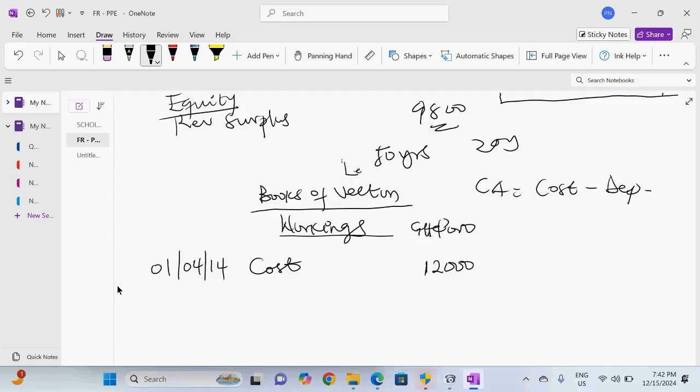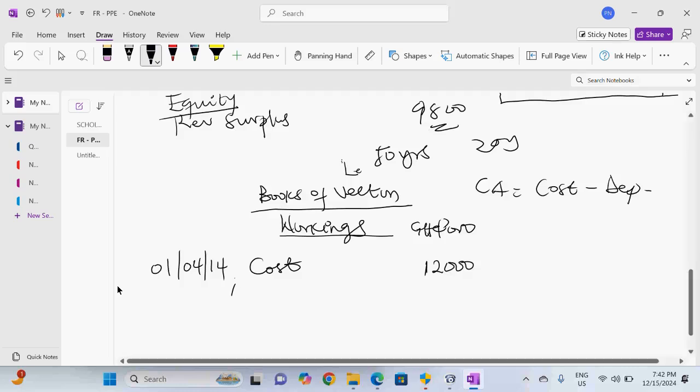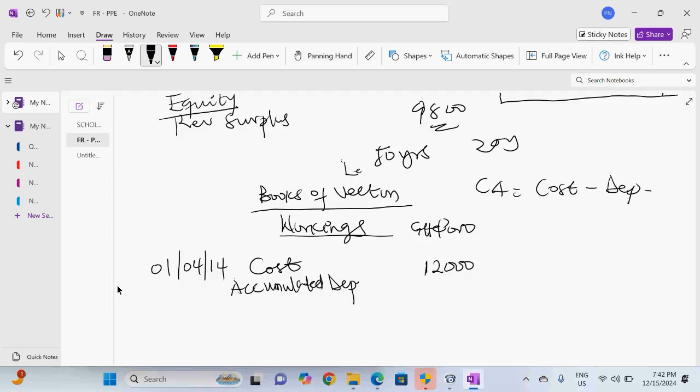Okay, let's continue. Let's make it this way so that you don't get confused. So, what is accumulated depreciation? 3,600.